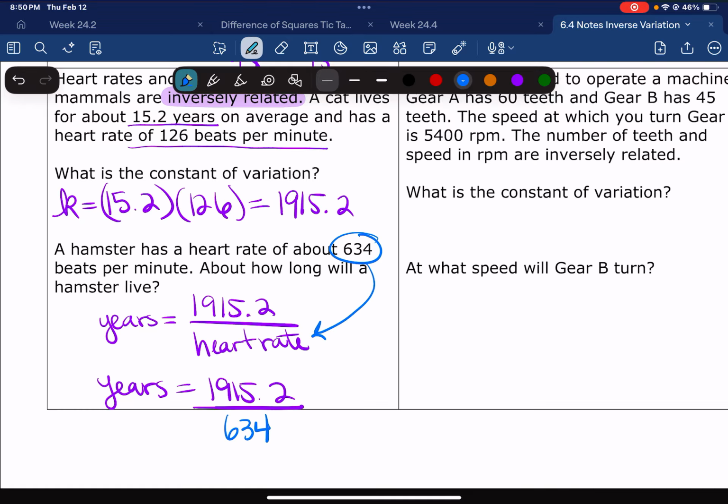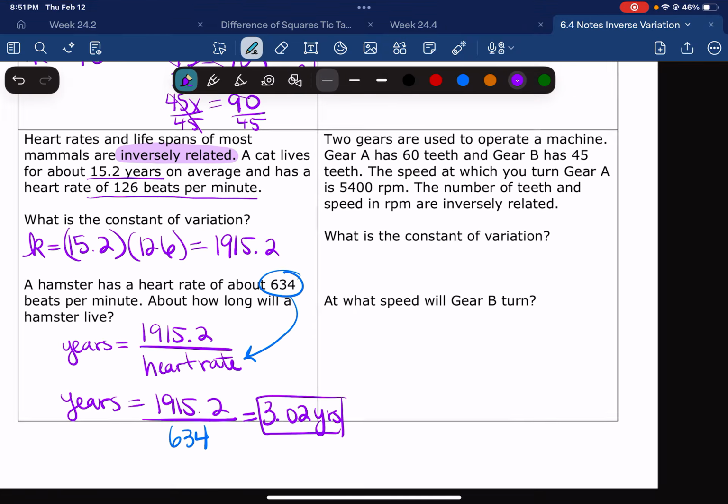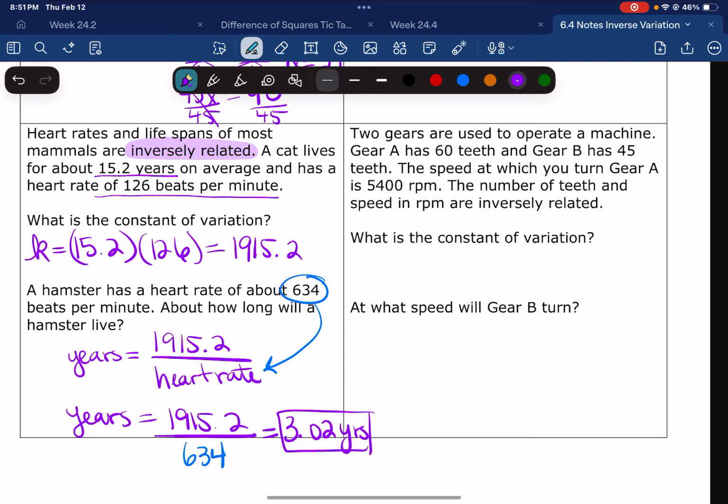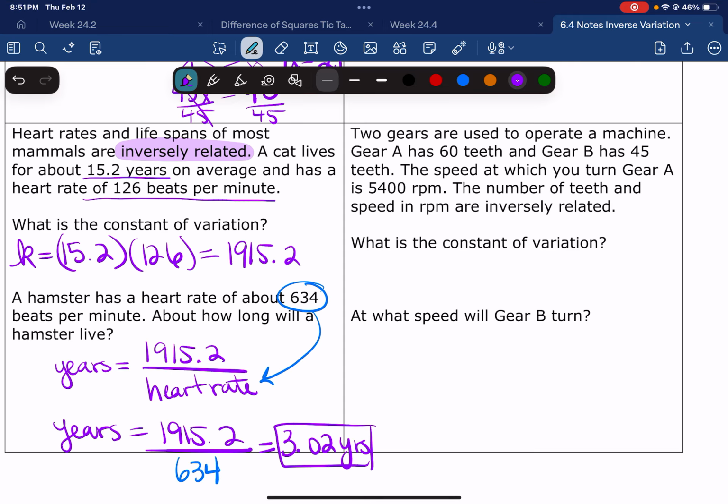So divided by 634, which means a hamster lives approximately 3.02 years. Okay? Let's do one more word problem just because they're so much fun when you can apply math to the real world. Am I right, guys?